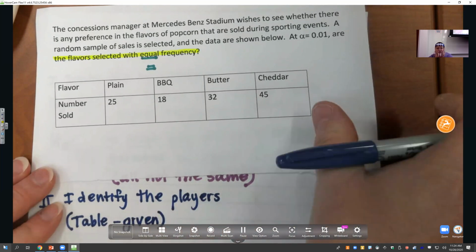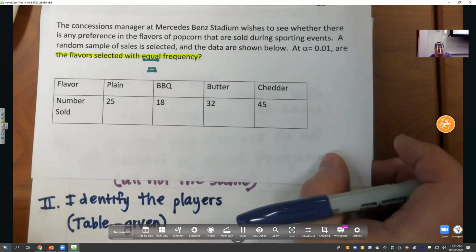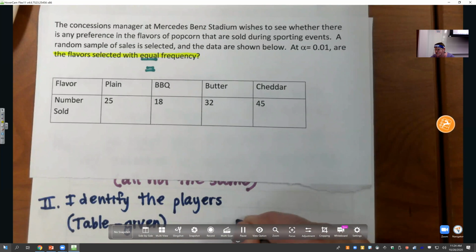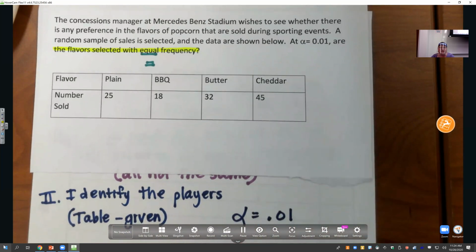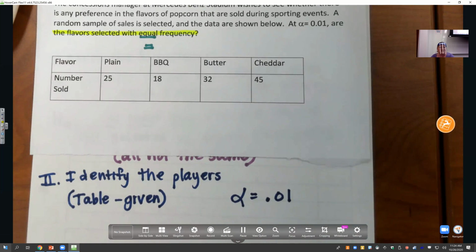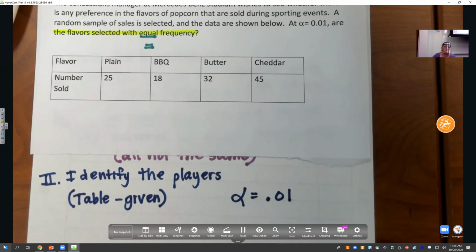I need to know what are the categories and how many are in each category. And the only other thing I need is my level of significance, which in this case is 0.01. So when the question is presented, you're being given all of the information.